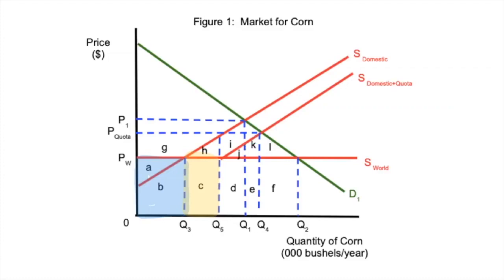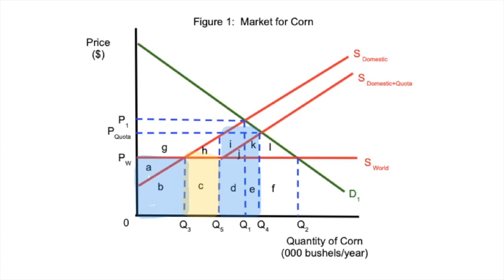And as a result, this revenue here, where is it going? Into the pockets of Germans, but not just that part, but also because the price in the marketplace is P quota, all of that is going into German pockets. Look at that. That's right.